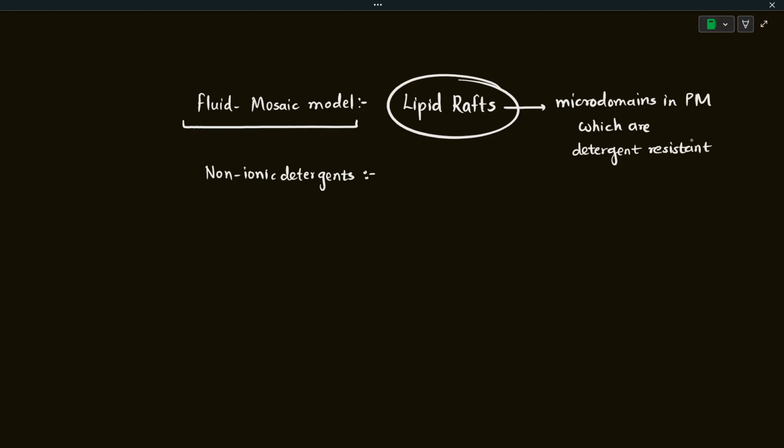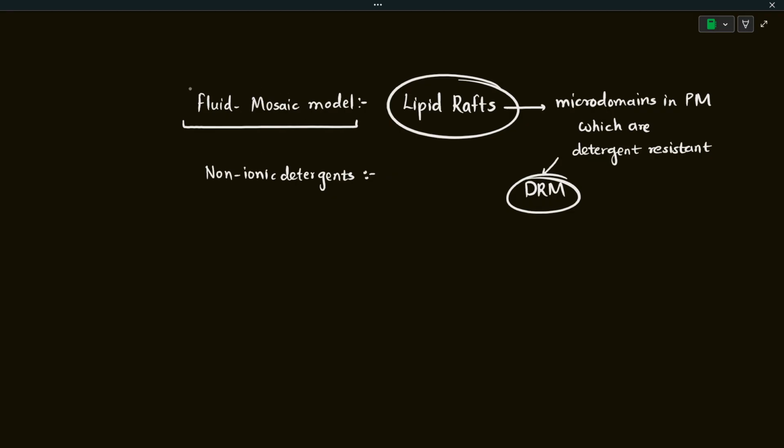This means they do not get solubilized by the use of detergent on those plasma membranes. They are also known as DRM, detergent resistant membranes. The fact that such microdomains exist in the lipid bilayer is why the plasma membrane is also known as fluid mosaic.